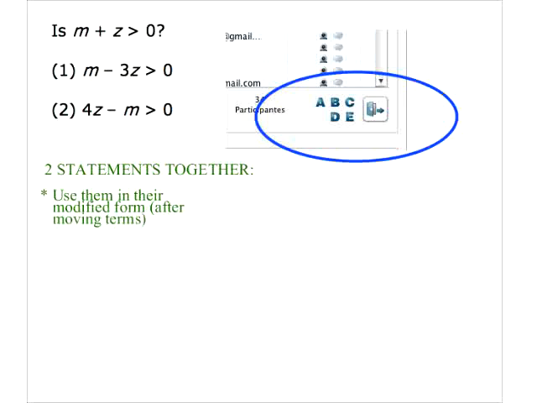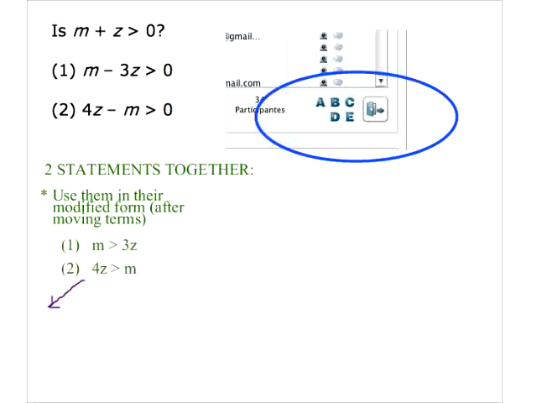So we have one equation that says that m is greater than 3z. And we have another equation that says that 4z is greater than m. Does anybody know how we can combine those? There's a couple of ways.